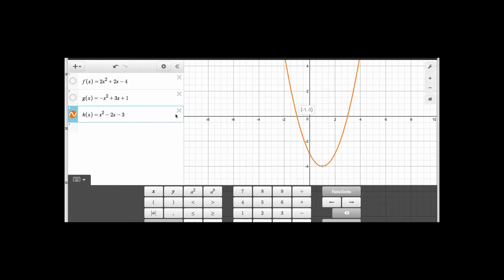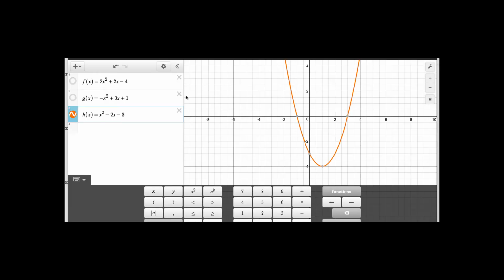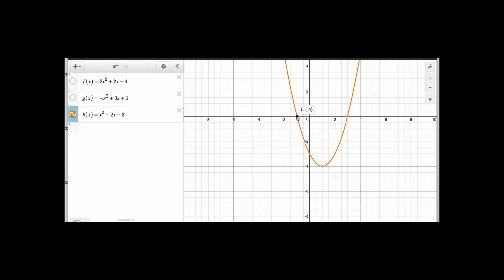Okay, so when we just look at this, this is the quadratic function when that equation is set equal to 0. And notice that when we cross the x-axis, we do cross it at -1, and I'll just go over here, and at 3. So those are the x-intercepts for this function.